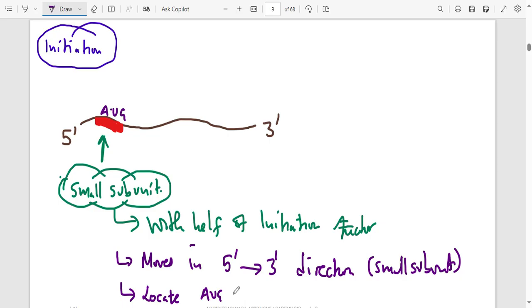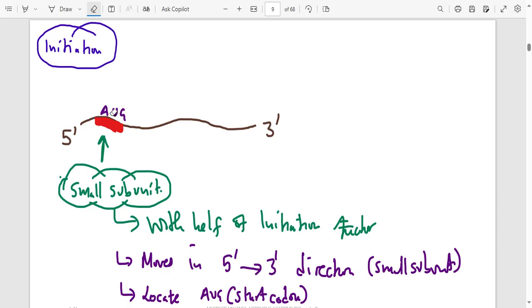What do we call AUG? This is known as a start codon. What is a codon? A codon is just a group of three nucleotides. You can see adenine, uracil, guanine. This one you need to know by heart. They'll ask you, what is the start codon?